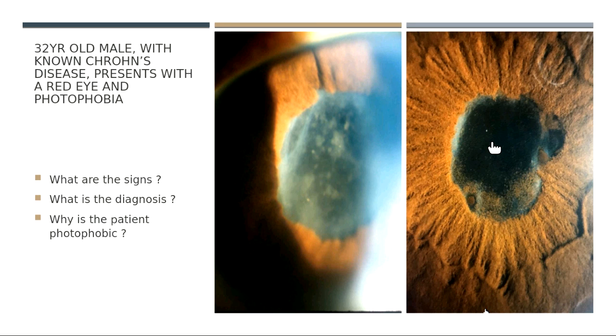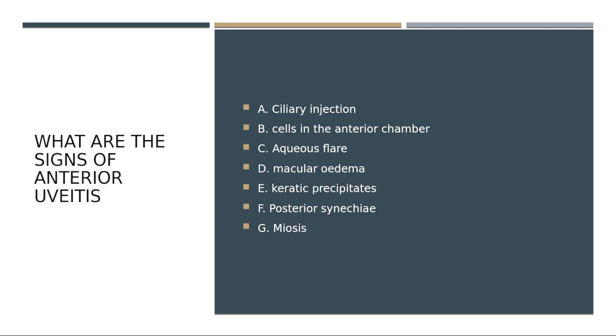Well, usually when they have inflammation of the iris and the ciliary body, you get ciliary spasm. So the patient goes into ciliary spasm, and that is what causes the pain with light.